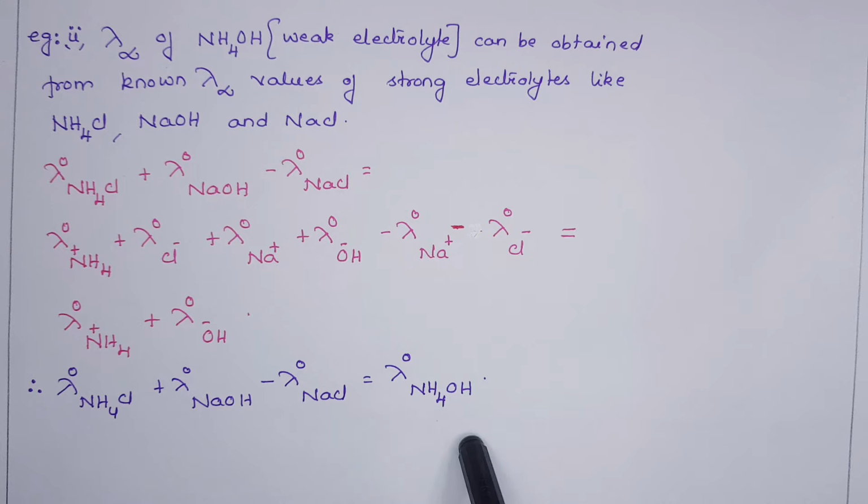This is a weak base. The equivalent conductance of the weak base, that is NH4OH or ammonium hydroxide, at infinite dilution can be calculated from the equivalent conductivity values of strong electrolytes at infinite dilution. The strong electrolytes taken here are NH4Cl, NaOH and NaCl. Okay students, this is the first application of Kohlrausch law of independent migration of ions.